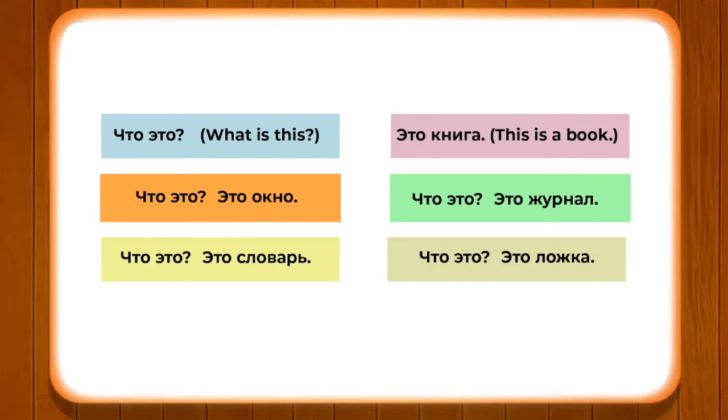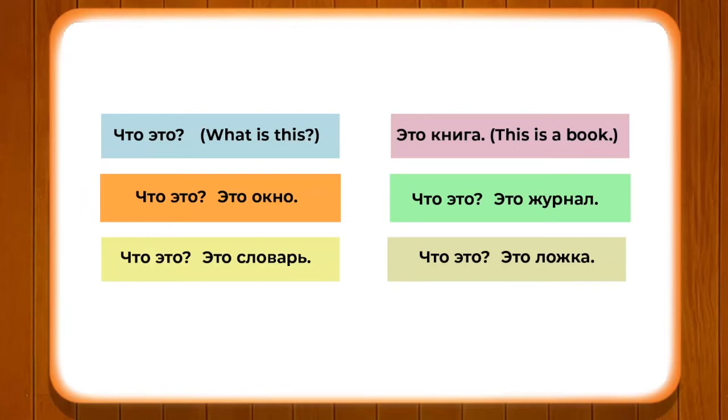So here you can also use certain other words like we have used окно, журнал or словарь, which means окно is window, журнал is journal, and словарь is dictionary. So you can also use numerous other examples, and in this same construction you can ask the question что это, and the answer would be это and the object you have.